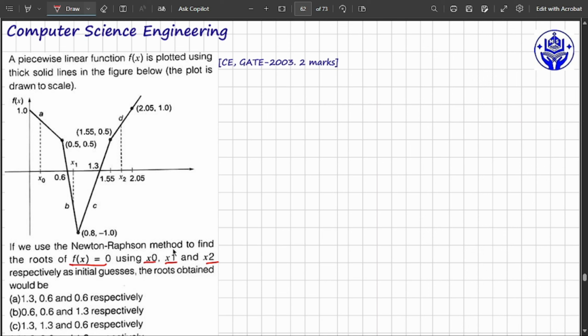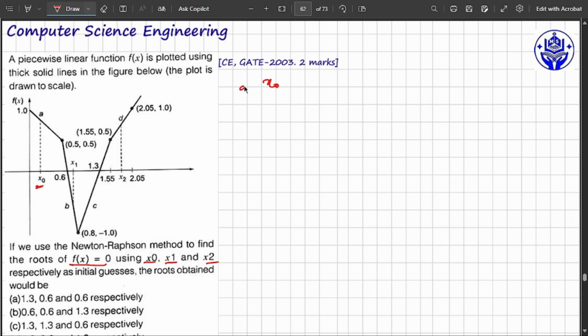While calculating it through the Newton-Raphson method, we don't have any equation here. So just use the basic concept of Newton-Raphson method, which is intersection. So first you will have to find the intersection, starting with the slope. Starting from x0, this is my x0.